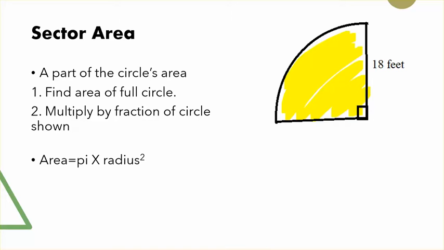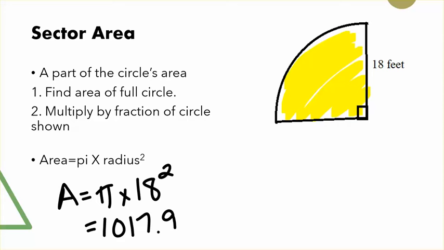Remember, area is pi times radius squared. So if I had a full circle, I would have an area of pi times 18 squared. That would give me an area of 1017.9. Again, that would be the full circle.